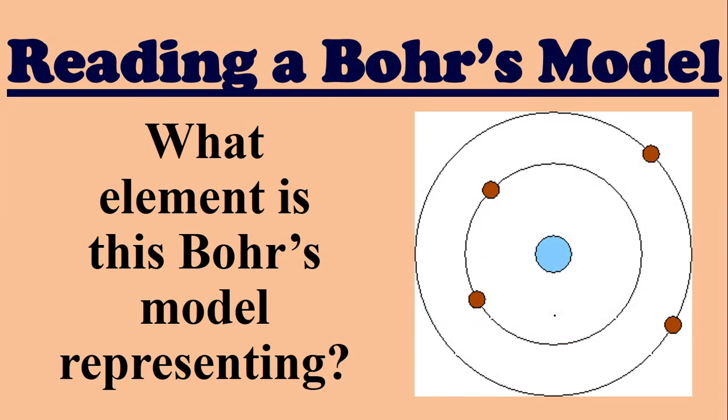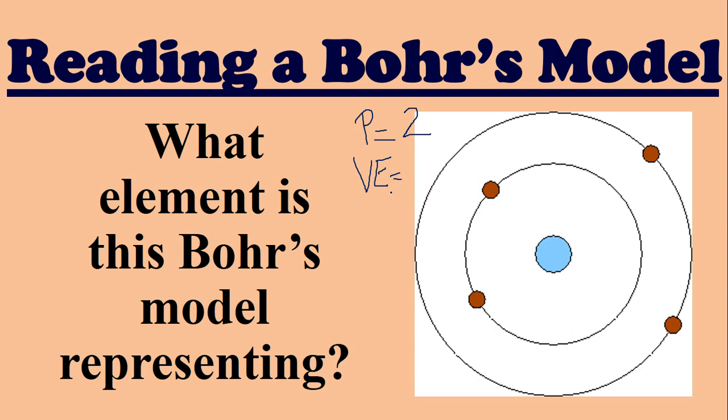Now, reading a Bohr's model. You can also look at a Bohr's model and figure out what element it is representing. All you have to do is identify the period and the valence electrons. So if we look at this model here, try and figure out what period it's in. How many circles does it have? Well, it has 2. All right.